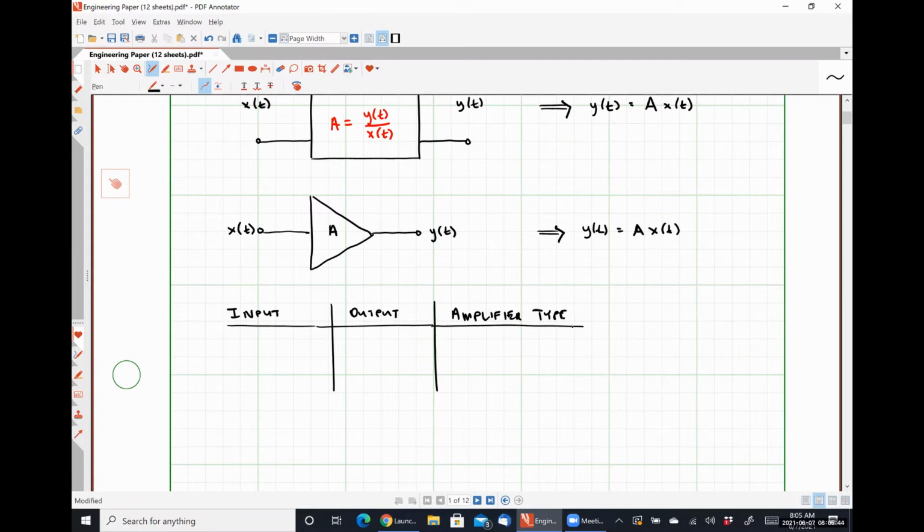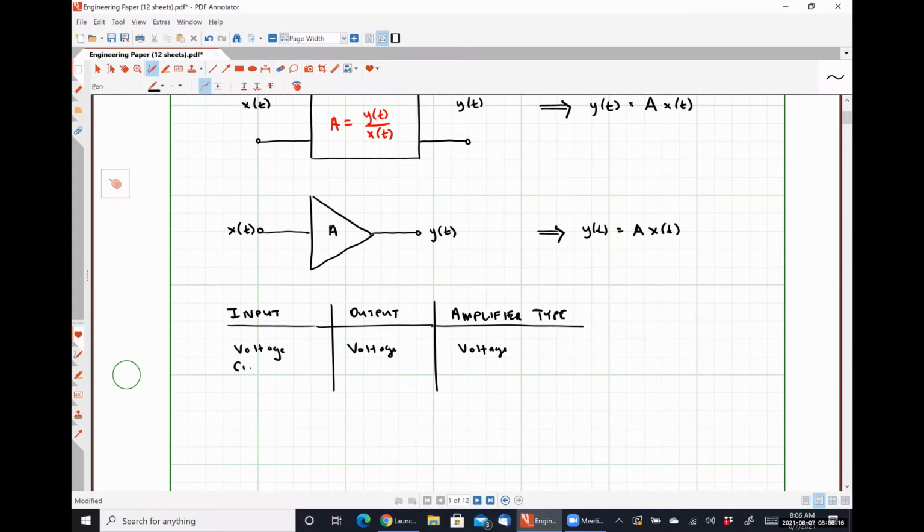So the most common, or at least the one that we are likely the most familiar with, takes an input voltage signal, amplifies that input voltage signal, and creates an output voltage signal. And because us electrical engineers are very boring, we call this a voltage amplifier. So voltage at the input creates a voltage at the output, and so we call this a voltage amplifier.